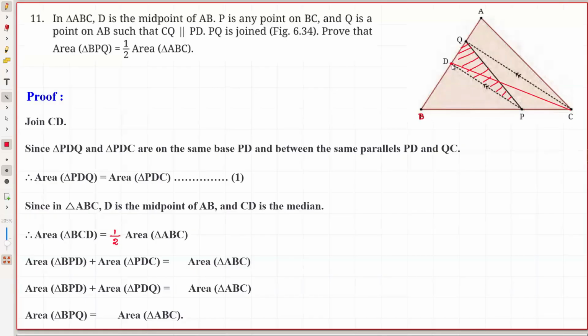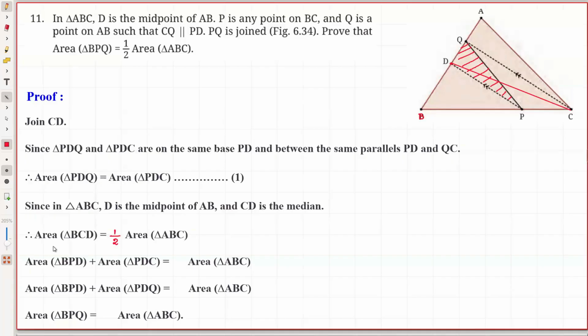How are we splitting BCD? The area of triangle BCD is the area of triangle BPD plus the area of triangle BDC.